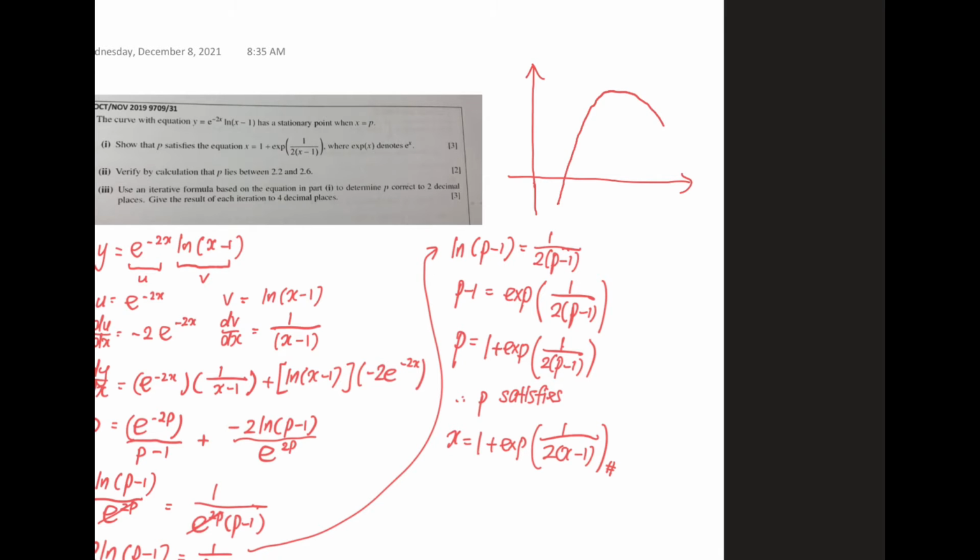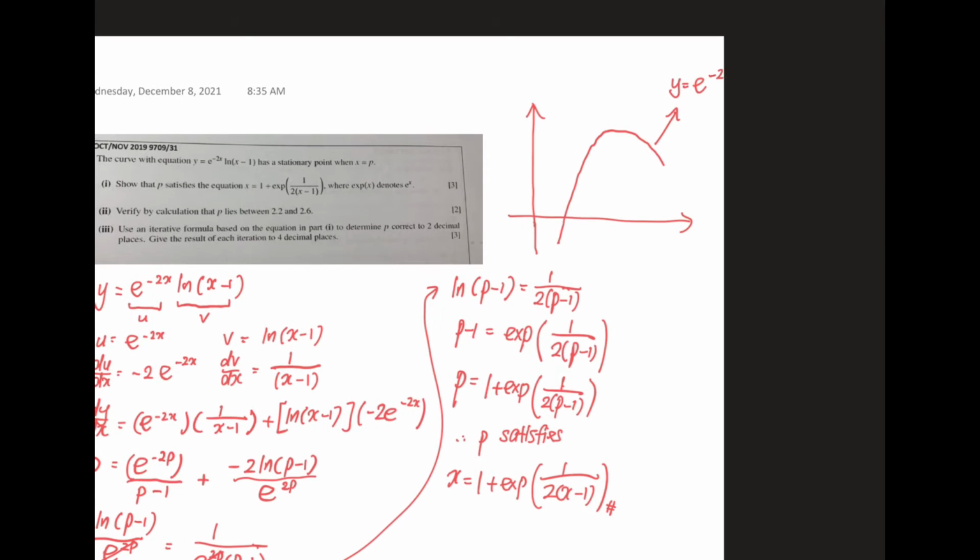Okay, let's say I just put it in this way. So y equal to e to the minus 2x ln (x minus 1). The stationary point is here, where x is equal to p. This is x, this is y.